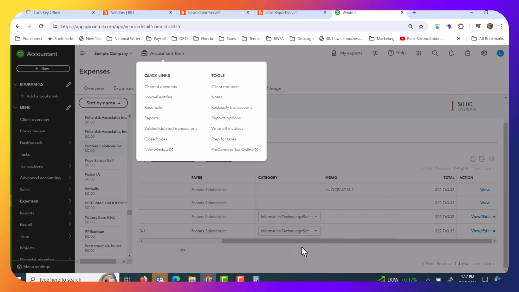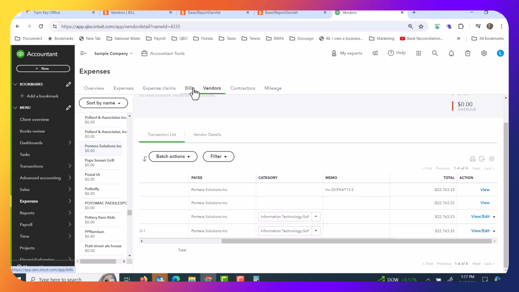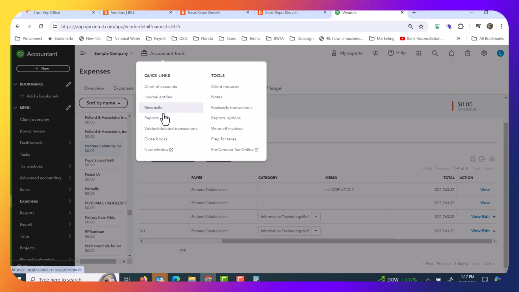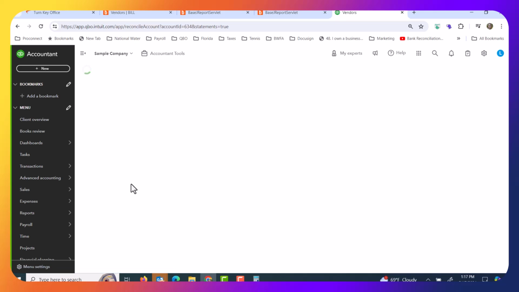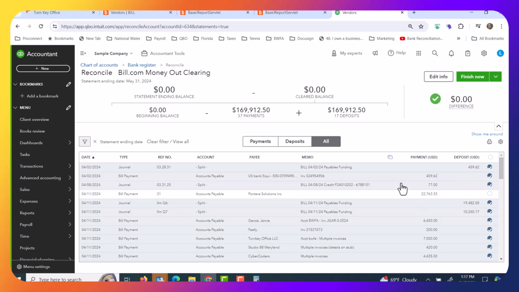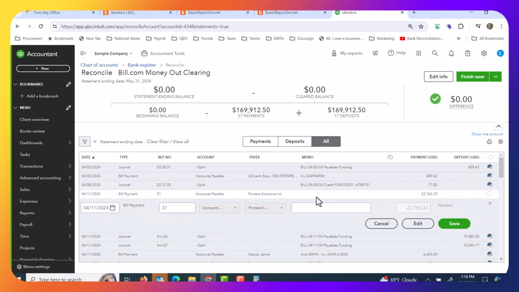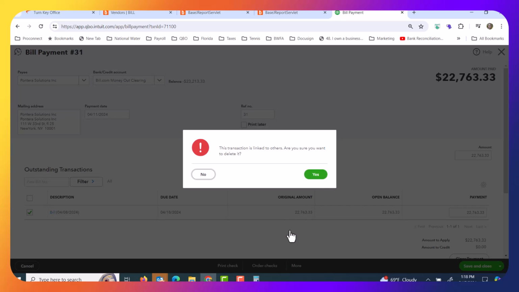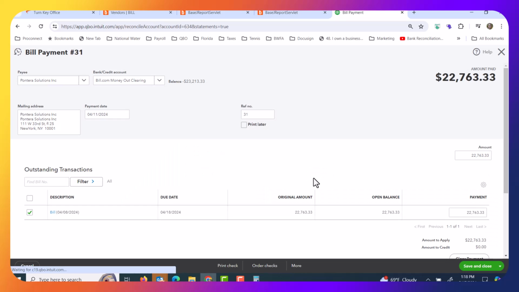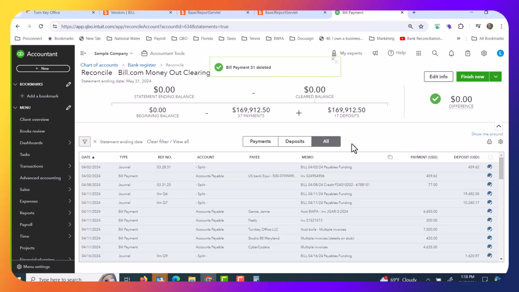So basically what we do is we go back to our Bill.com reconciliation and resume reconciling. We know this is the one that did not get paid. We edit it, and boom, we're going to delete it. It didn't happen, didn't get funded.